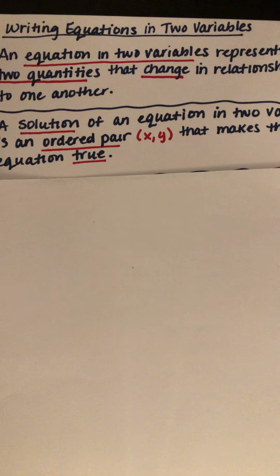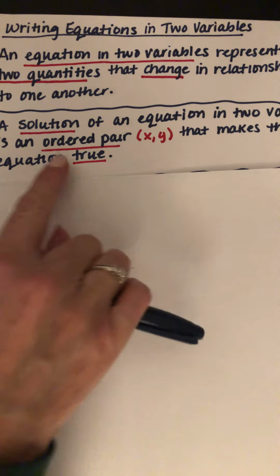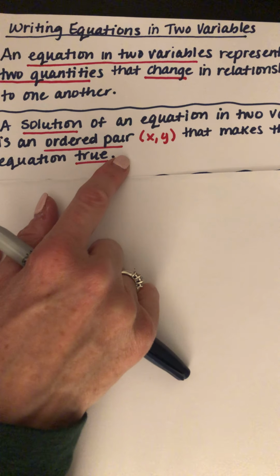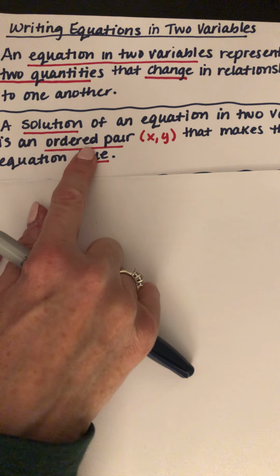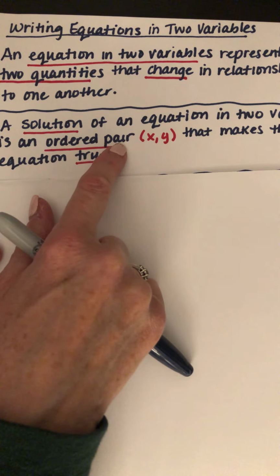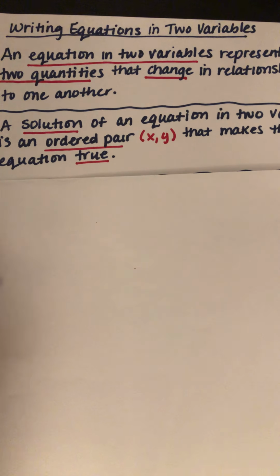So we start off with what's called a solution, which is a fancy word for answer. A solution of an equation in two variables is an ordered pair. So we've used ordered pairs to graph, but now we're going to be using ordered pairs to help us find a solution of an equation with two variables. And it has to make it true.